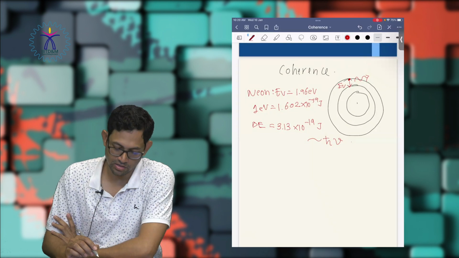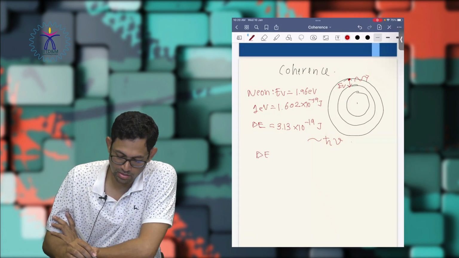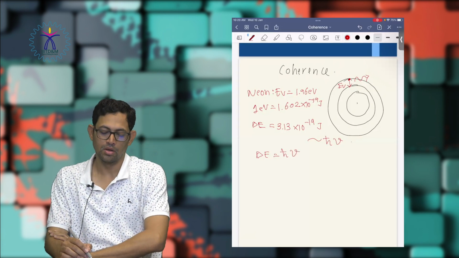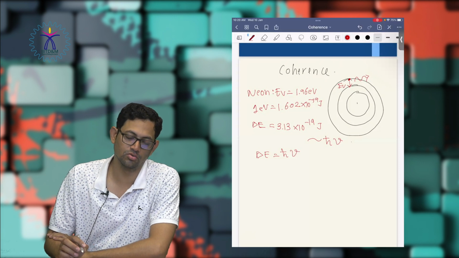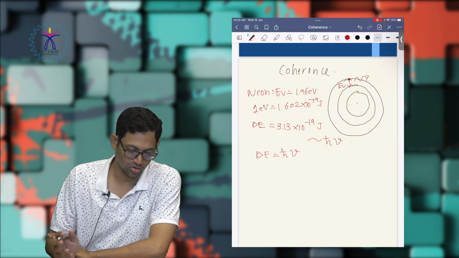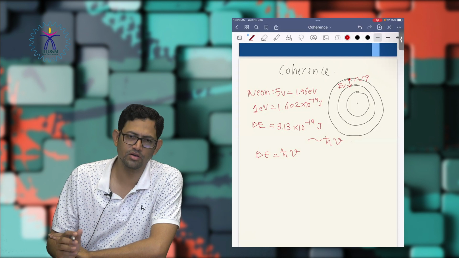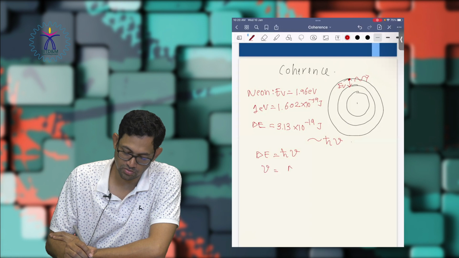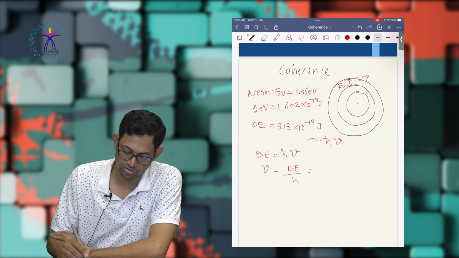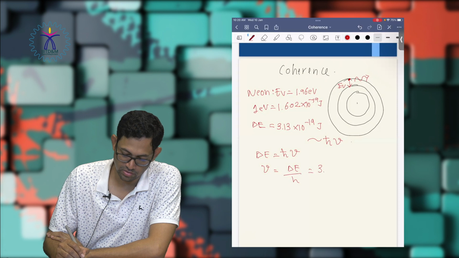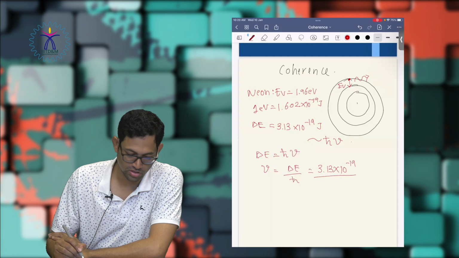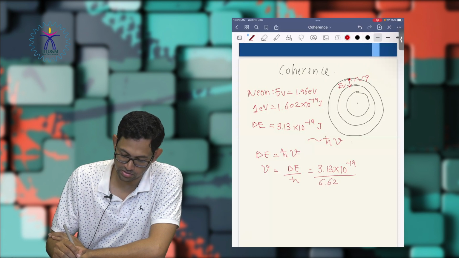That is given by Planck's equation: delta E equals H cross times nu, where H cross is Planck's constant and nu is the frequency. From this you can calculate nu, which is delta E divided by H. We know delta E is around 3.13 times 10 power minus 19, and Planck's constant is 6.62 times 10 power minus 34.